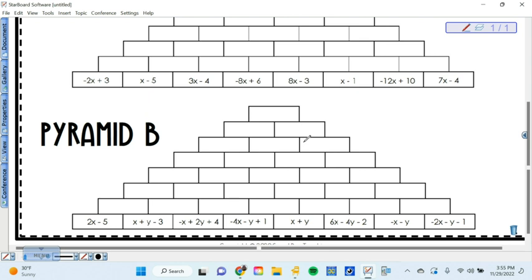So you can combine your negative 2x and your 1x, right? And then we do negative 1x. You combine 3 and make 4.